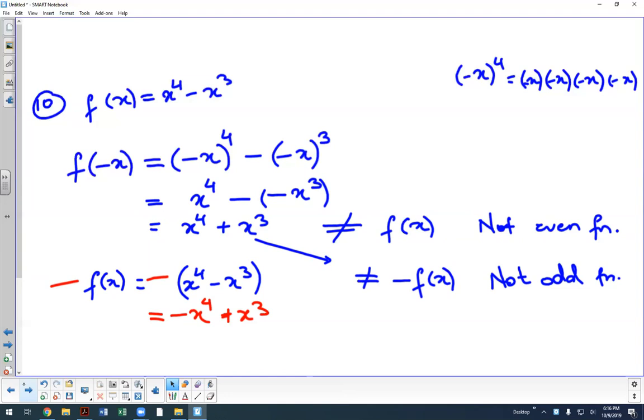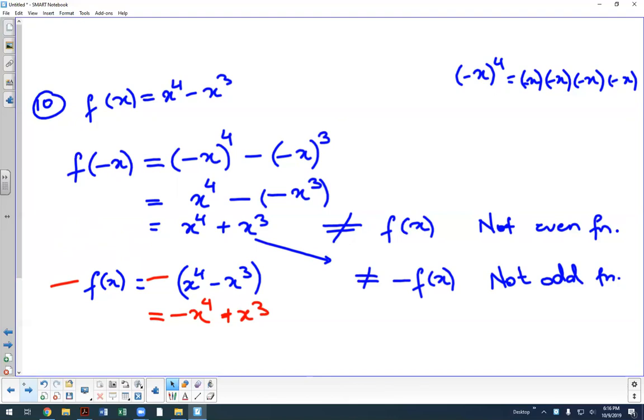To check and see if it's an odd function, you take your original function that you started out with and literally just put a negative sign in front of the function. In this case, I distribute my negative and I end up getting negative x to the 4th, positive x to the 3rd. And again, that's not the same thing that I got when I put the negative x in this part.